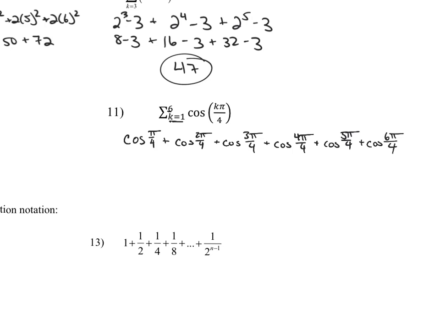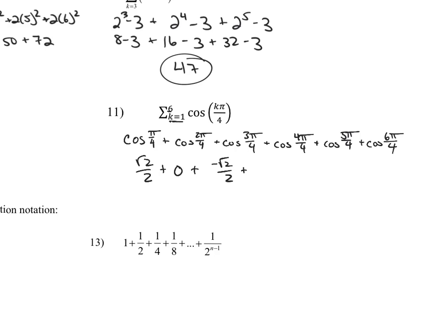Now we get to evaluate it. The cosine of pi over 4 is root 2 over 2. The cosine of 2 pi over 4 is really the same as the cosine of pi over 2, which is 0. The cosine of 3 pi over 4 is in the second quadrant, so it's negative root 2 over 2.